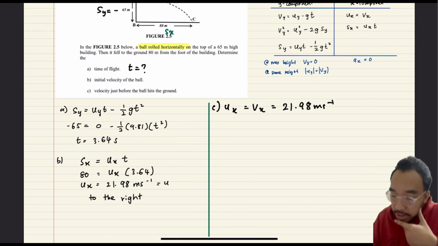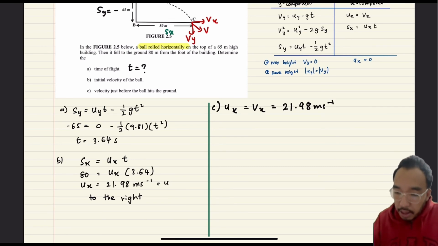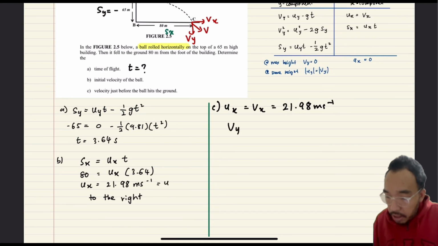You do have the time, because this time corresponds to the time it took from there to there. So interestingly, you can use that one. Basically, your task is to find the V over here, but you really need to find your Vx and Vy as well. Vx you can get straight away because it is equal to Ux, but my Vy would be equal to Uy minus gt.